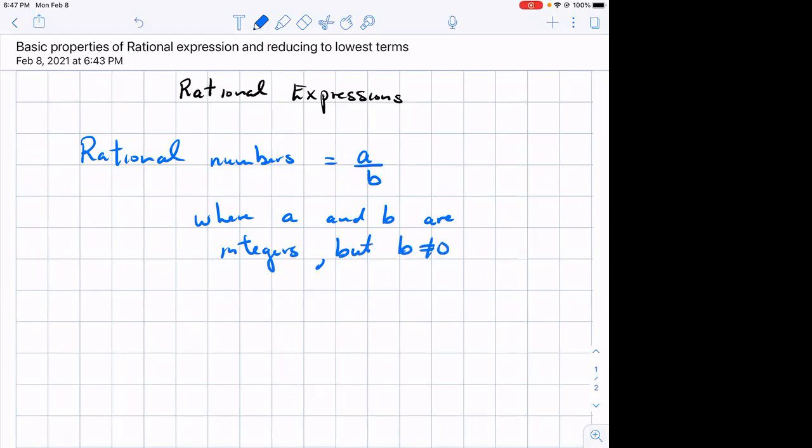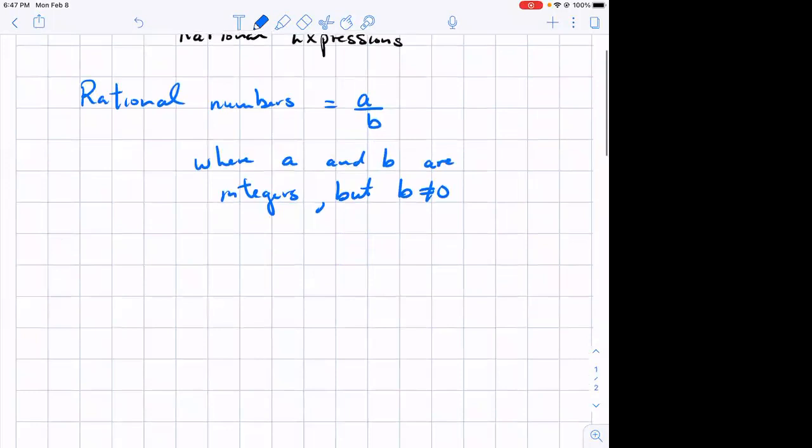So we've talked about ratios in the past, rational numbers, and we said that the denominator of any fraction cannot be equal to 0. Now, a rational expression is defined similarly.